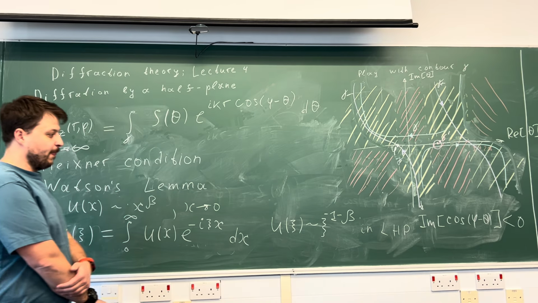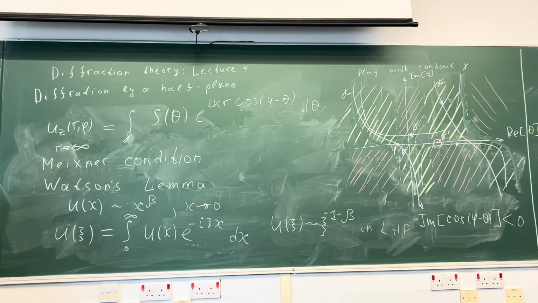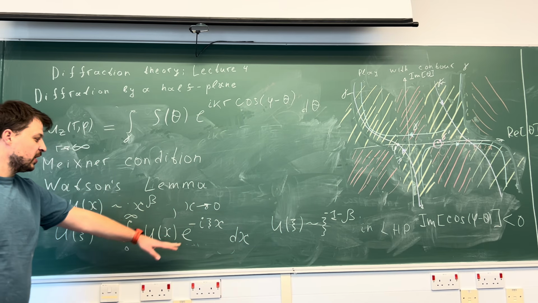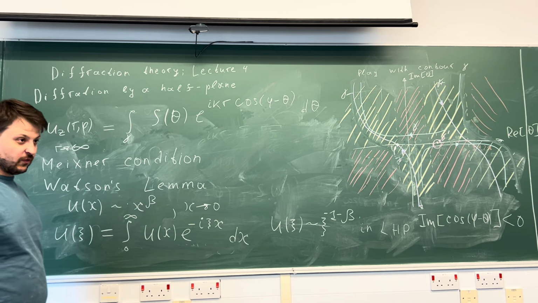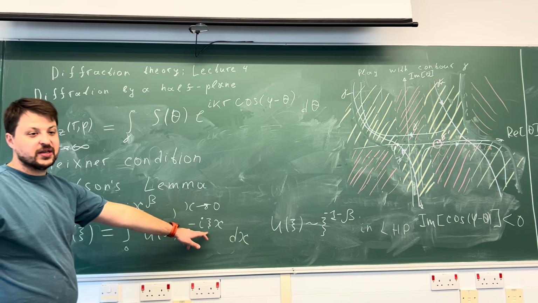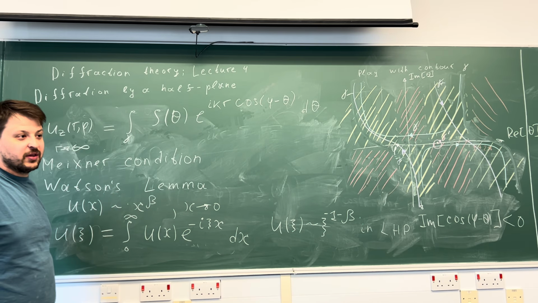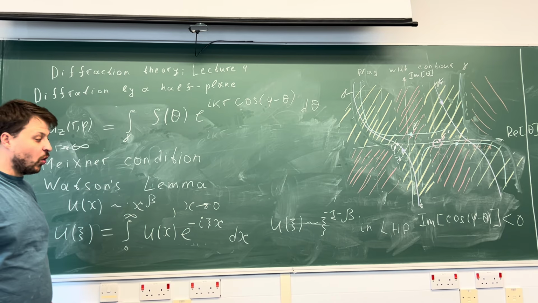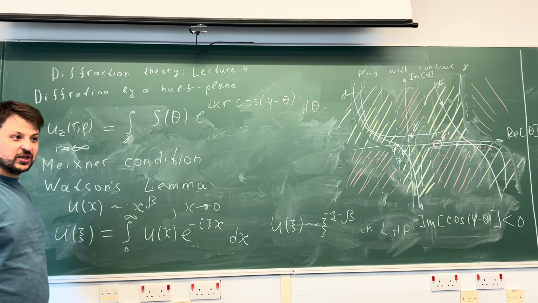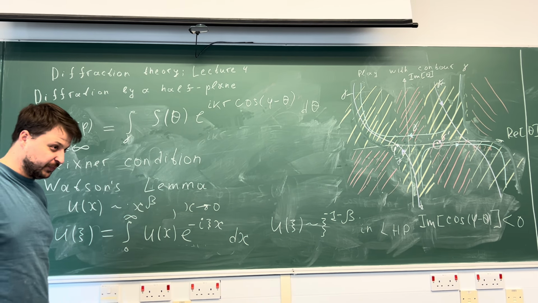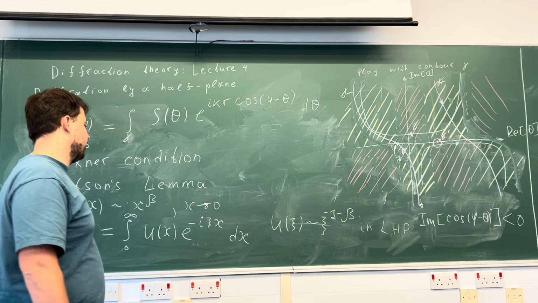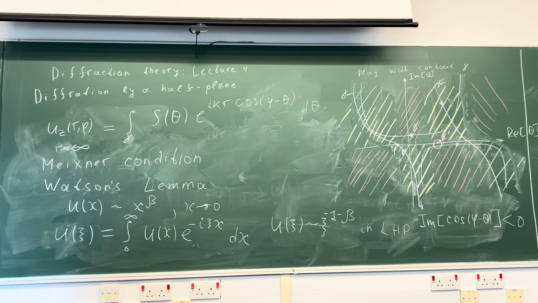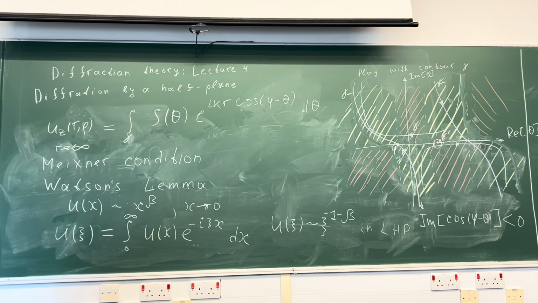In the lower half plane. Makes sense, because I have here minus, and this integral converges if psi has an imaginary part. So for any imaginary part, this integral converges. For real psi, it's a question, but usually this integral will also converge, because then it will be a usual Fourier transform on a real line.